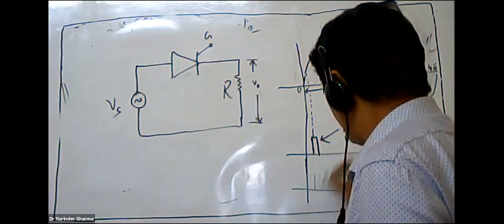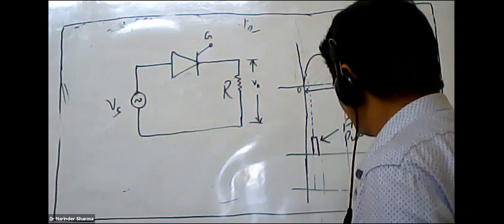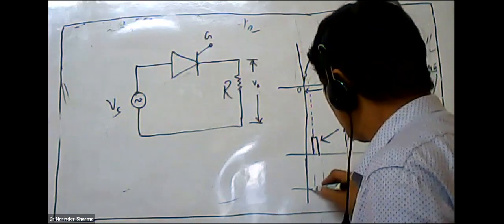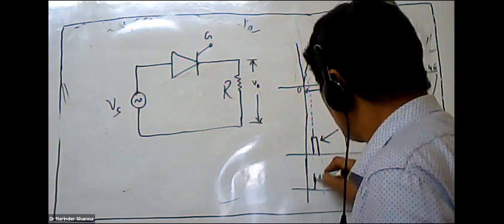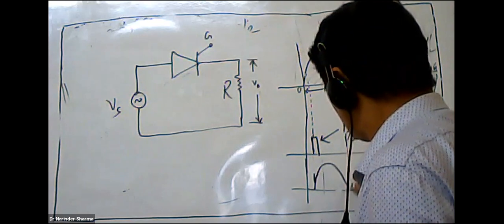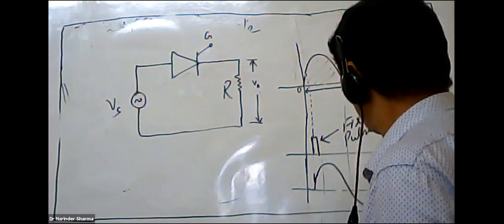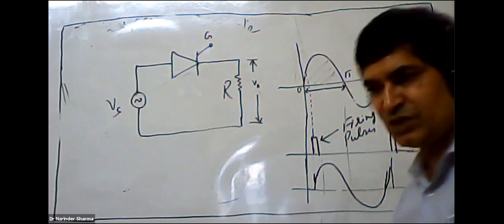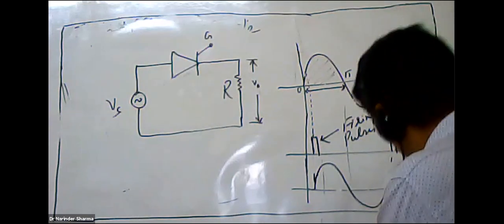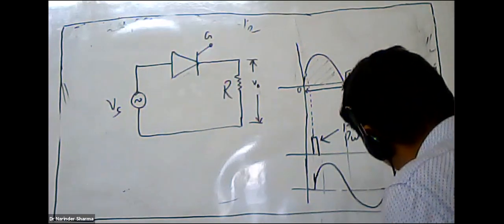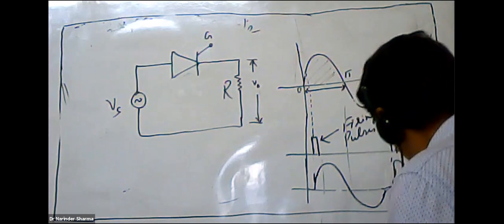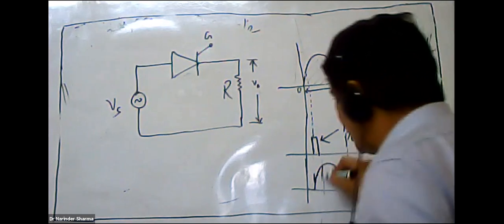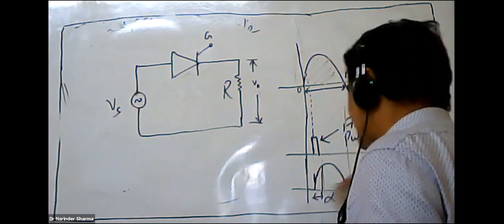You will get the output in this way. There would be a delay. This would be the firing angle, termed as alpha.